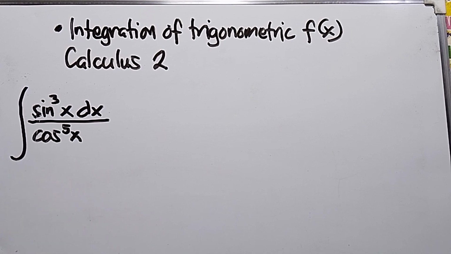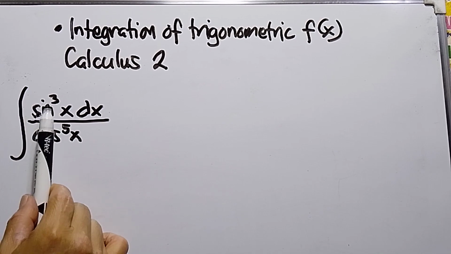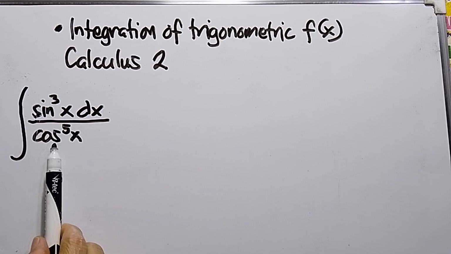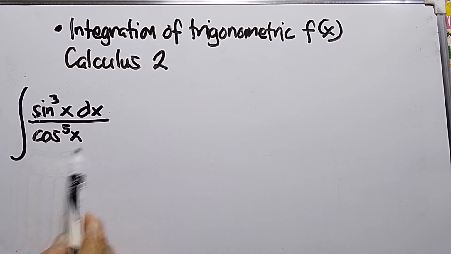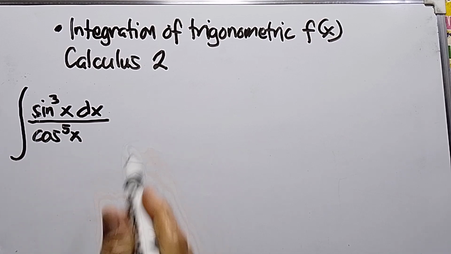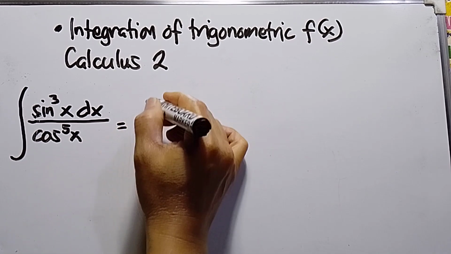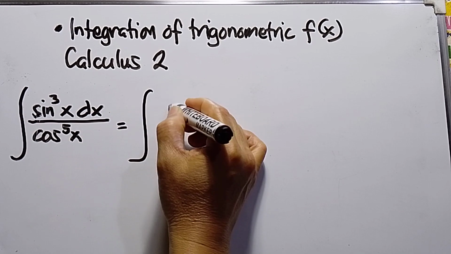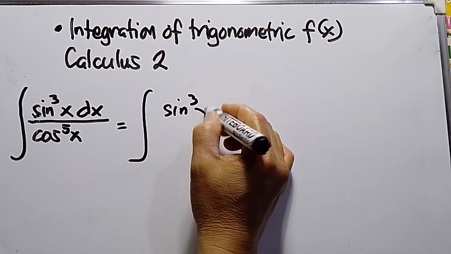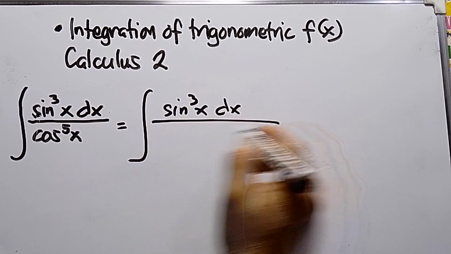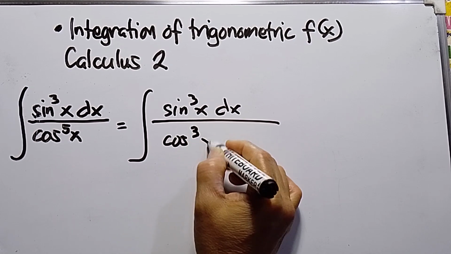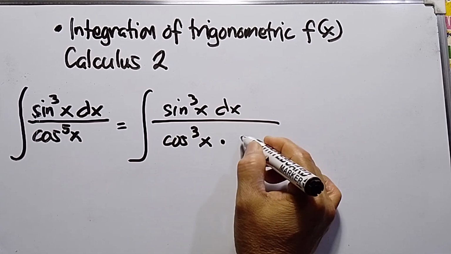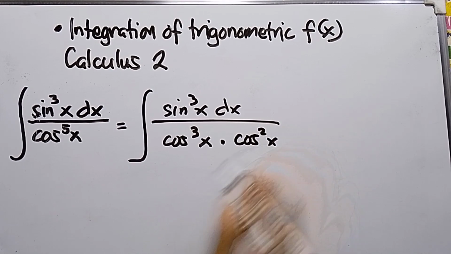So I have here number 1, the integral of sine cubed x dx over cosine to the 5th x. Take note, I will split the denominator, which is cosine to the 5th. I could write this as sine cubed x dx over cosine cubed x times cosine squared x.